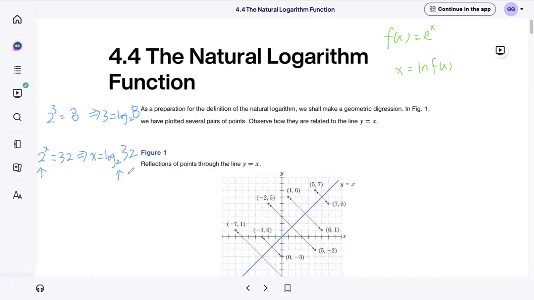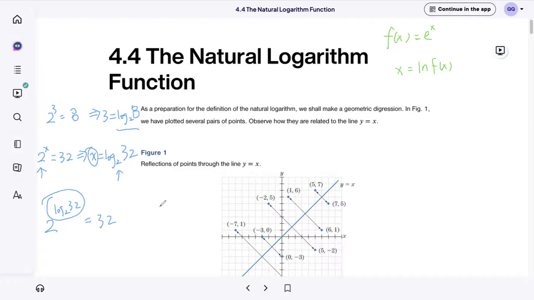Whenever you get confused with the meaning of log, think of the log as the exponent of the base. So if 2 raised to x equals 32, then 2 raised to log base 2 of 32 equals 32. So log means the exponent of the base.